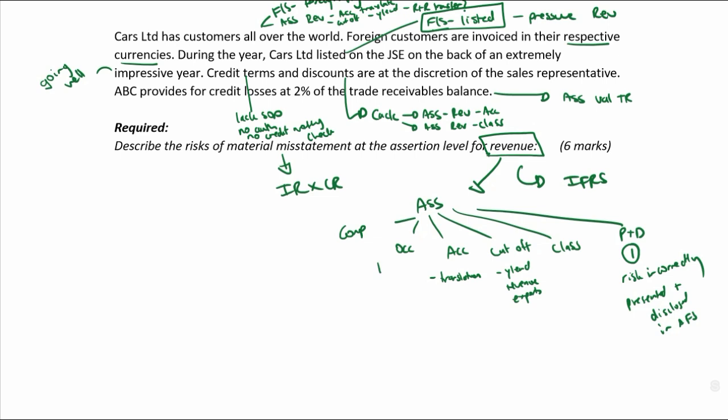So for the occurrence, because they are listed, the pressure to achieve this revenue expectation. Okay, credit terms, lack of segregation of duty, no authorization, no credit worthy. These are all weak controls.